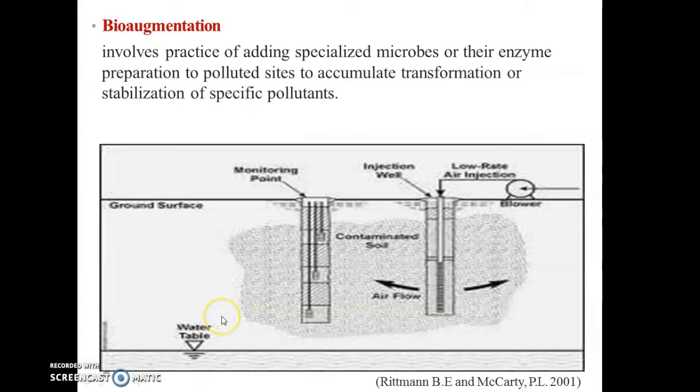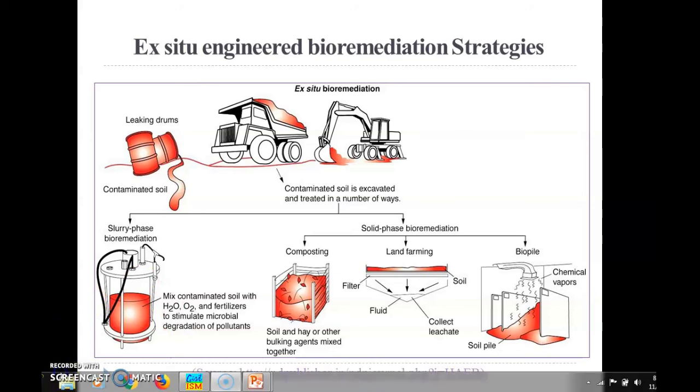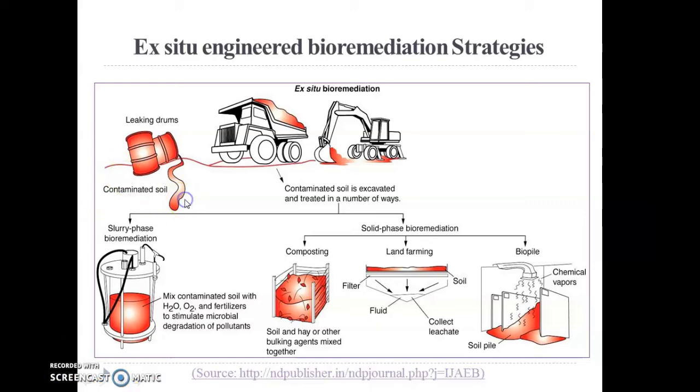The first way is the slurry method, in which the contamination is mixed with water, oxygen, and fertilizer to stimulate microbial degradation of pollutants. The second method is solid phase bioremediation, in which we can compost the soil with hay or other bulking agent and mix together. Then there is land farming, and third is biopile. Let's go into detail of these processes.